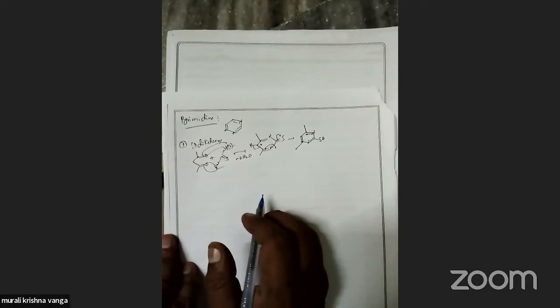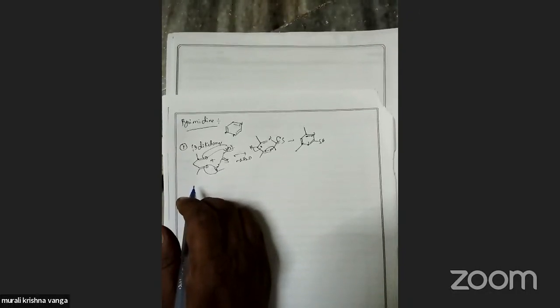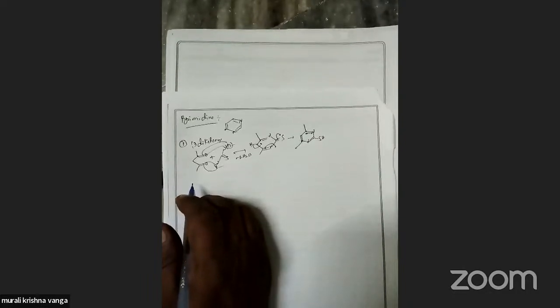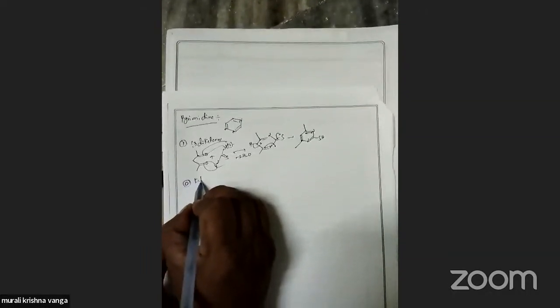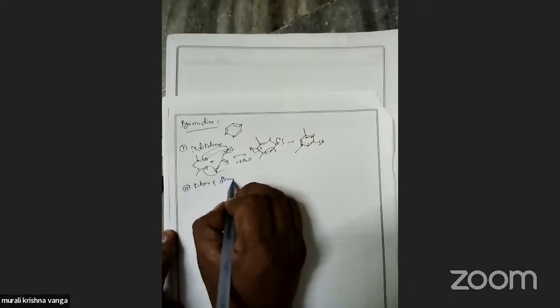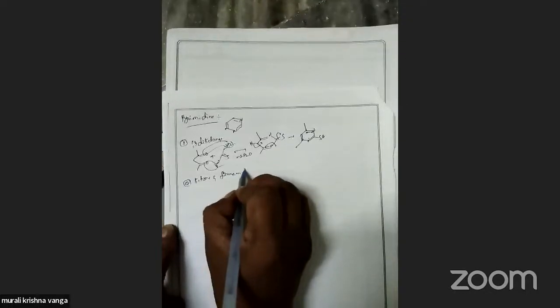The second method is from ketone and formamide.